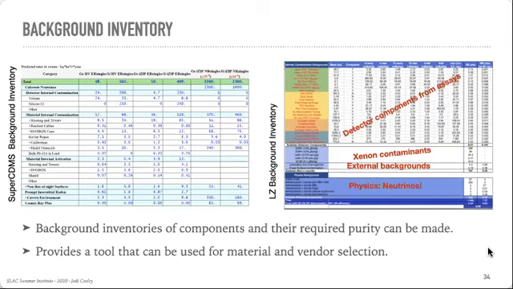We put constraints on how much contamination we can have, how many impurities, and we keep track of this at this level. These are just the G2 experiments. Imagine what we're going to do when we get to generation 3. But yeah, these are background inventories, and you shouldn't say anything bad about it because one of my jobs is to keep track of the SuperCDMS background inventory.